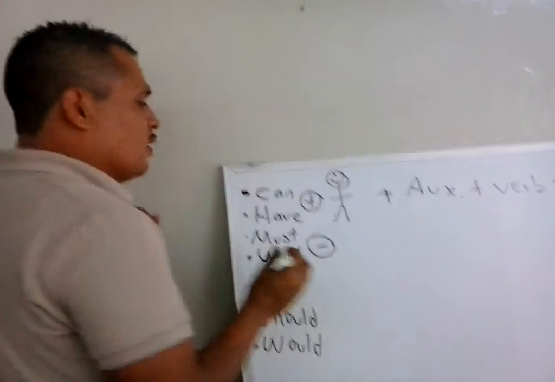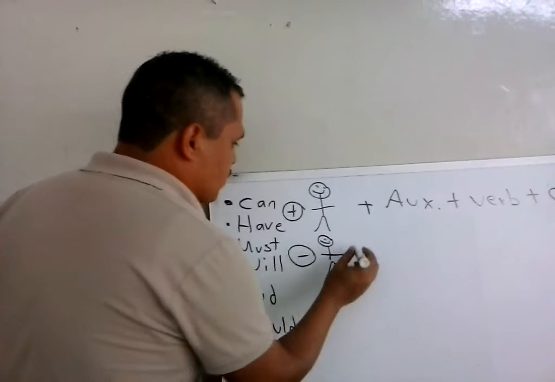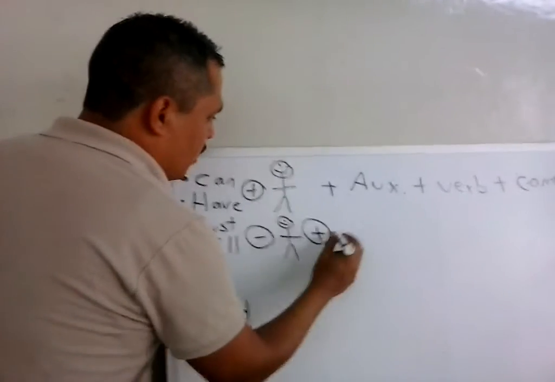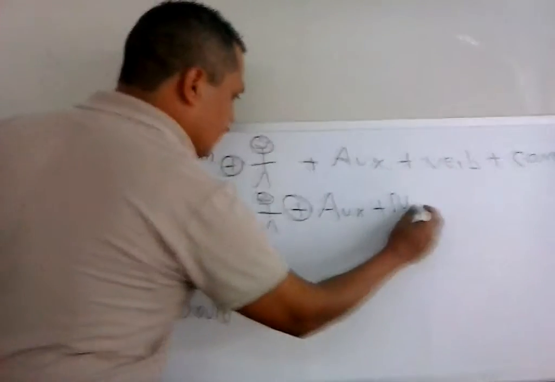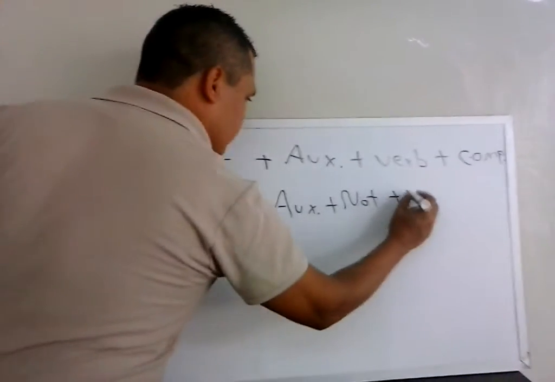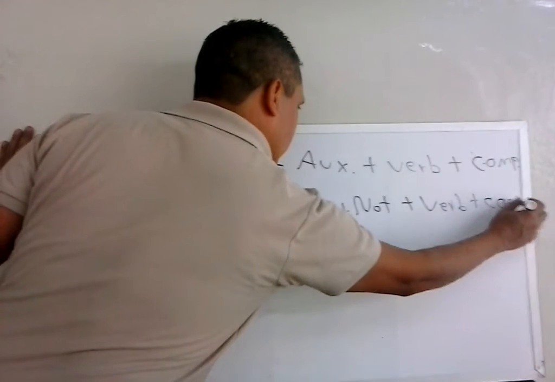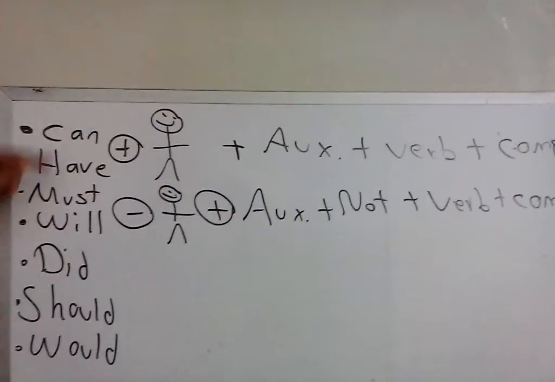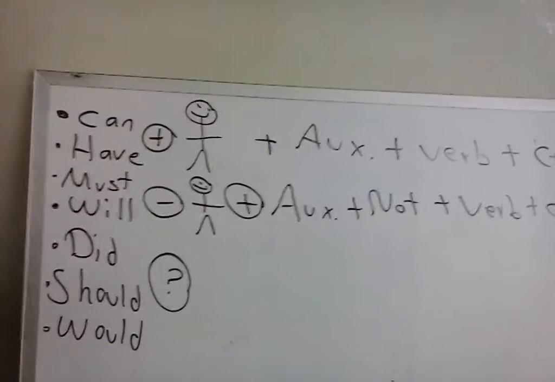For negative, our subject doesn't change, plus the auxiliary, plus not, plus verb, and plus complement. We have affirmative and negative forms for working with auxiliaries. Then we have the question form.